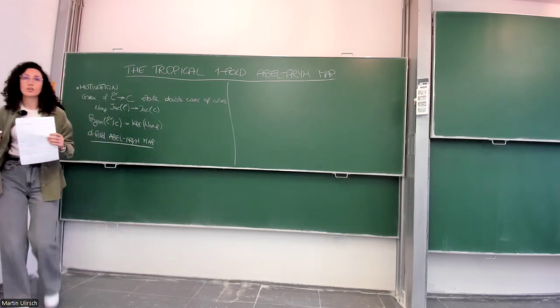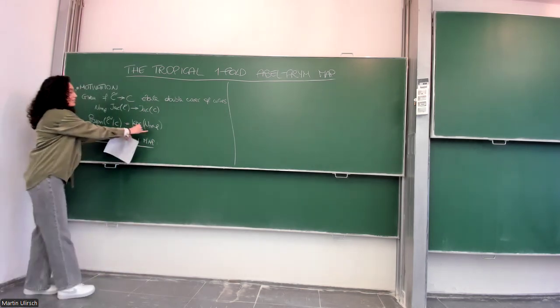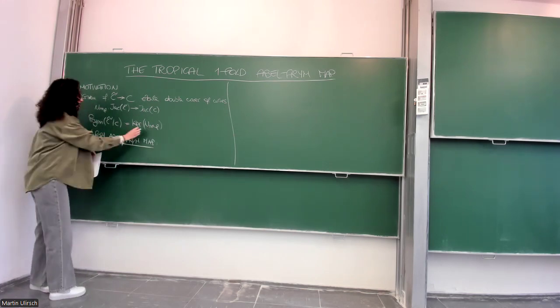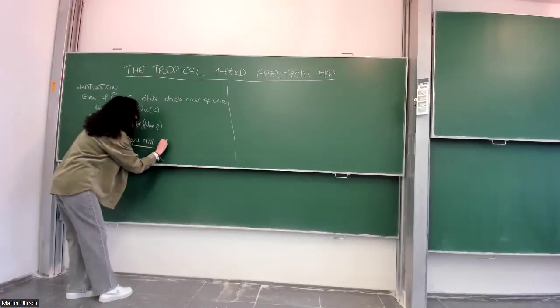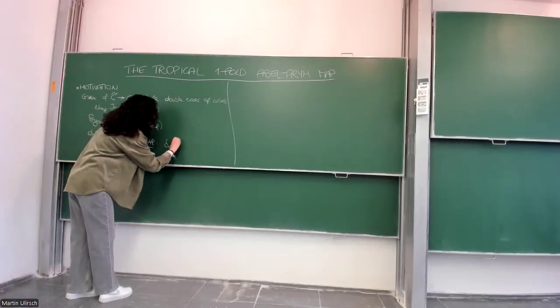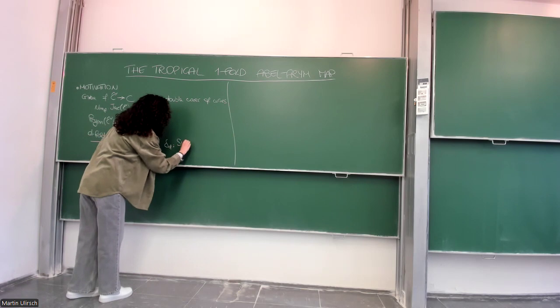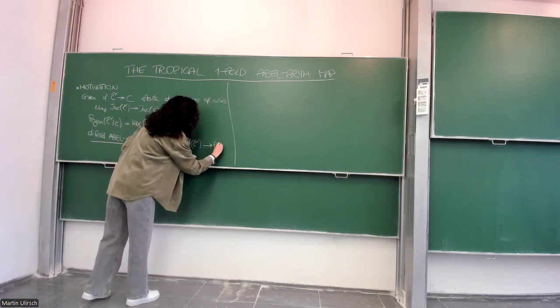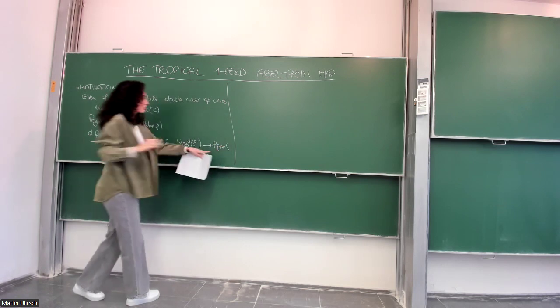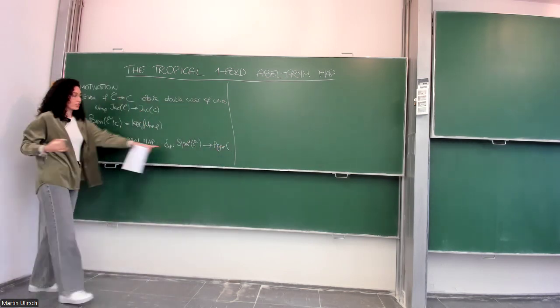Yeah, we take the one that has the identity. Maybe I will put a 0 here. And we define this map to be from the symmetric product of the curve to the Prym. So I'm introducing this object because it's actually the target of this map.